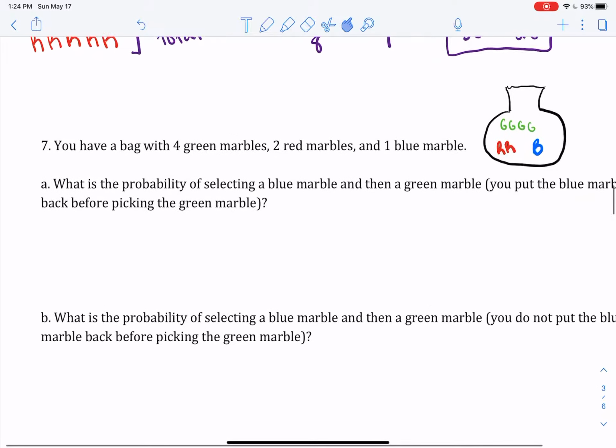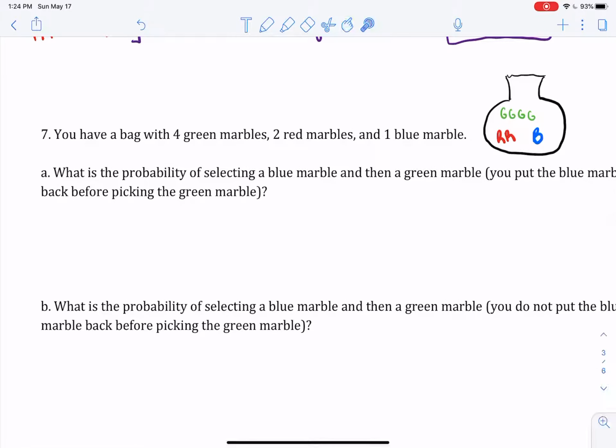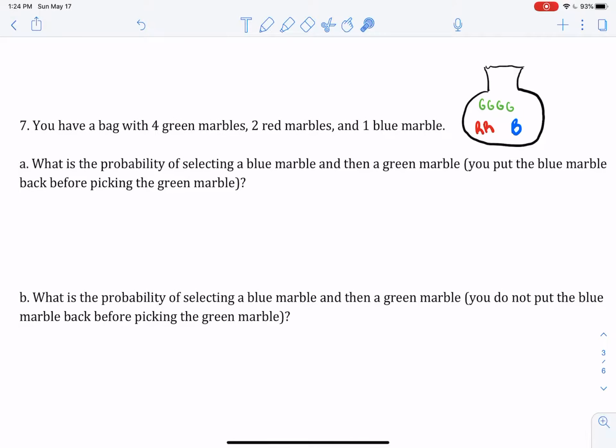So here it says we have a bag with 4 green marbles, 2 red marbles, and 1 blue marble. Okay, so we've got the 4 green, 2 red, and 1 blue. So this says, what is the probability of selecting a blue marble and then a green marble? You put the blue marble back before picking the green marble. Okay, so this time we're going to pick a marble, but then we're going to put it back.